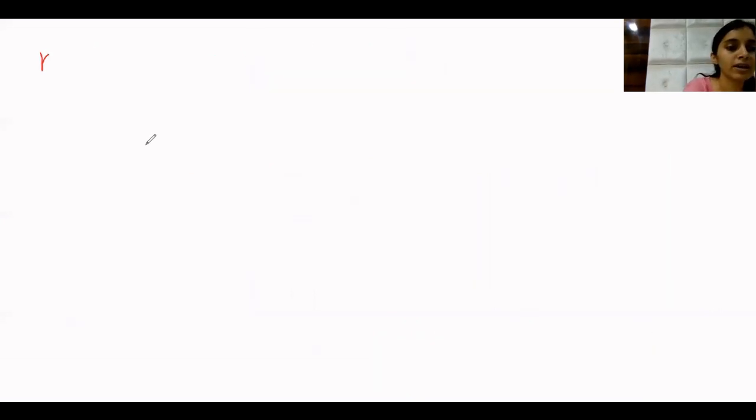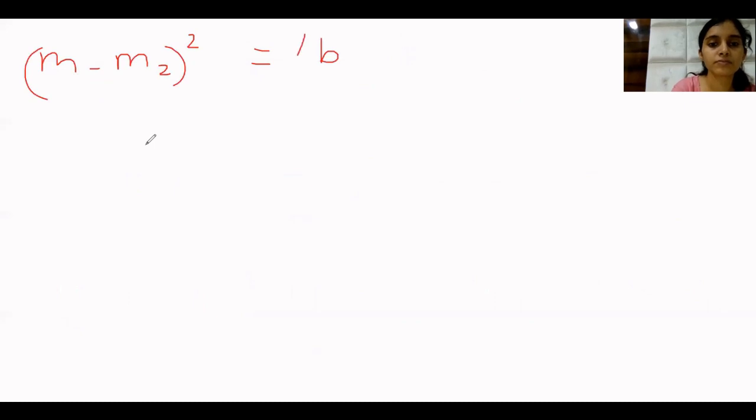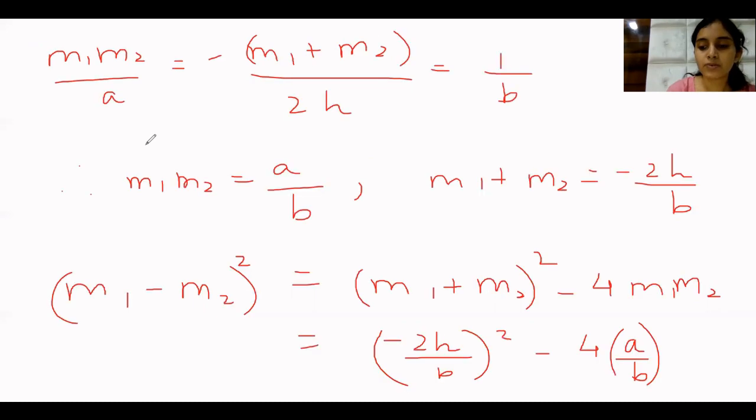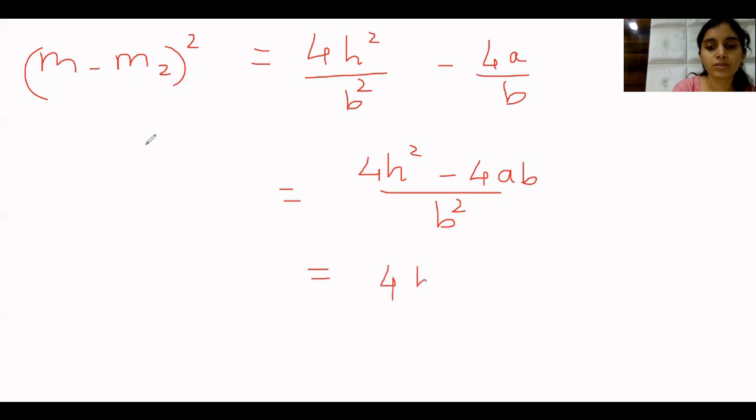So m1 minus m2 the whole square is equal to 4h square upon b square minus 4a upon b. Let's take the LCM. So we'll have b square down and 4h square minus 4ab, which will be 4 common, h square minus ab upon b square, b not equal to 0.